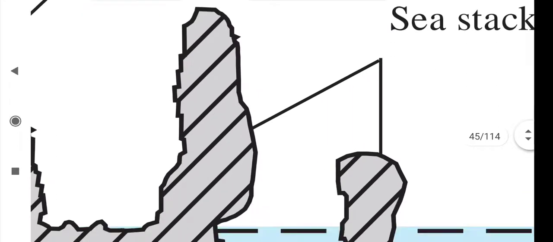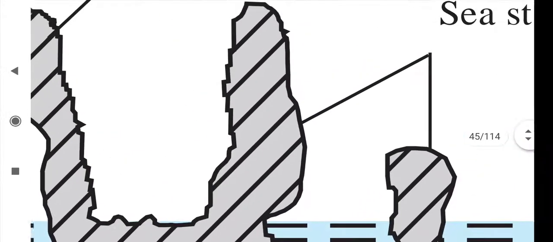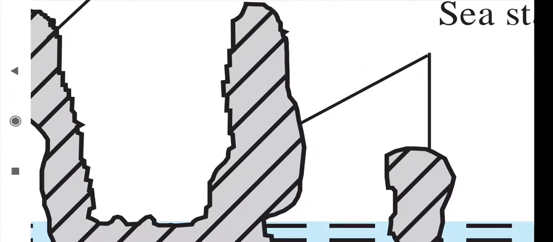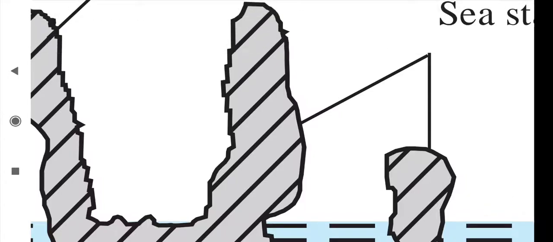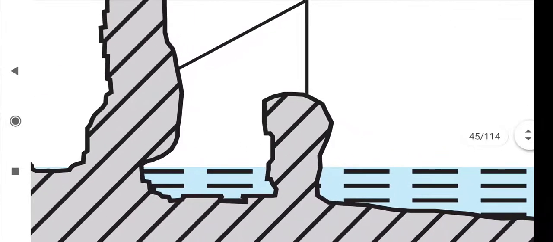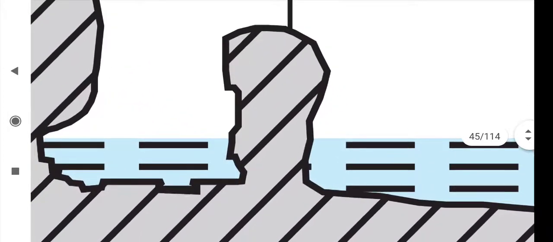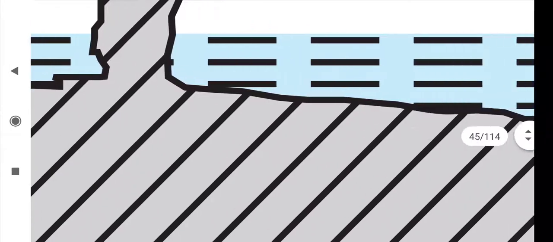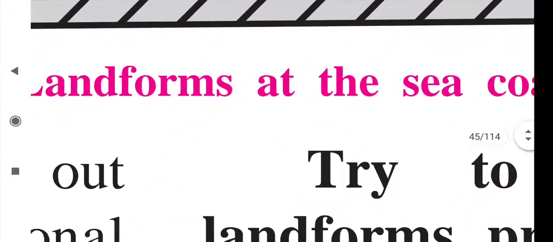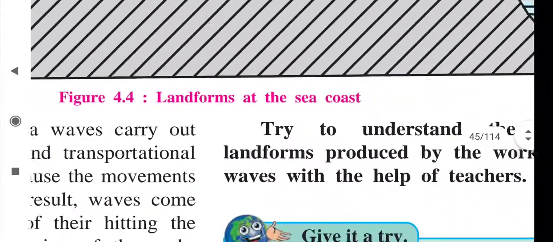See, it was like that because of erosion, like this shape the rock got, but again continuous attack of the sea waves, it becomes shorter, and after some period this part will be removed, means it will be eroded. So that is the landform at the sea coast.